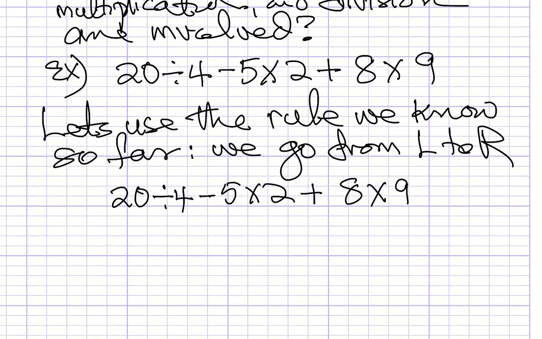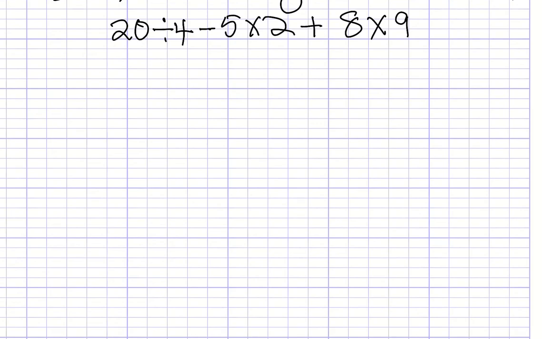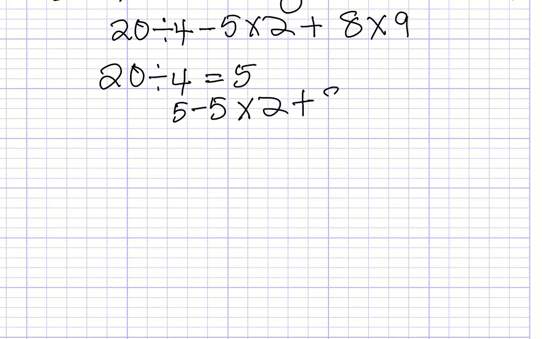So let's walk from left to right and see what happens. 20 divided by 4, what do you get? You get 5. And then you rewrite the original problem. It becomes 5 minus 5 times 2 plus 8 times 9.